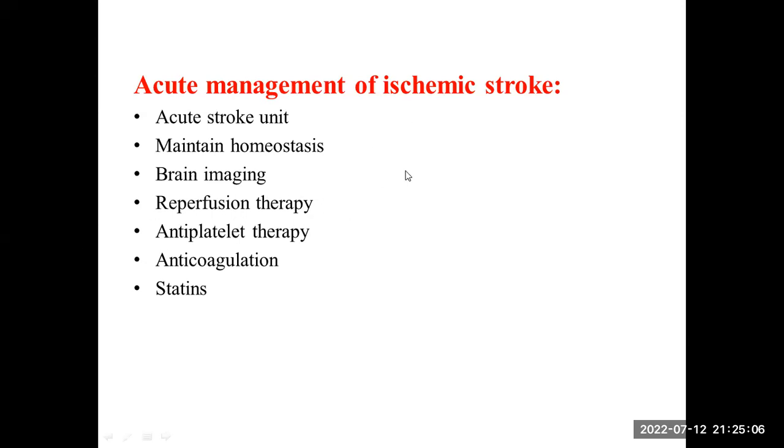Then, as we said, there is another type of reperfusion therapy beside thrombolysis, and this other type is endovascular reperfusion therapy. Endovascular reperfusion therapy can be done with endovascular intra-arterial thrombolysis, and in this type of endovascular procedure, the neuroradiologist will actually inject thrombolytic agents directly into the occluded vessel. This is called intra-arterial thrombolysis.